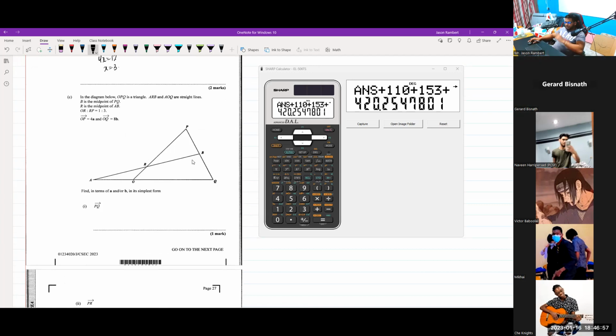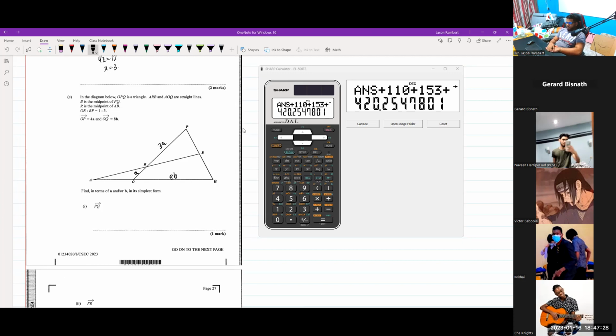To the last part in this one. P is the midpoint. R is the midpoint. OR to RP is 1 to 3. OP is 4A. So if OP is 4A, this is A and this is 3A. And OQ is 8B.